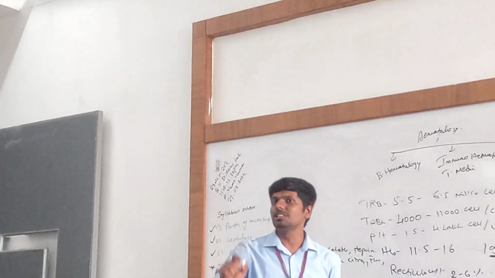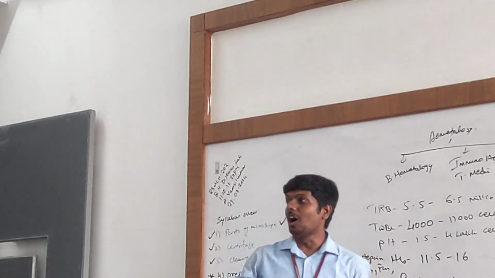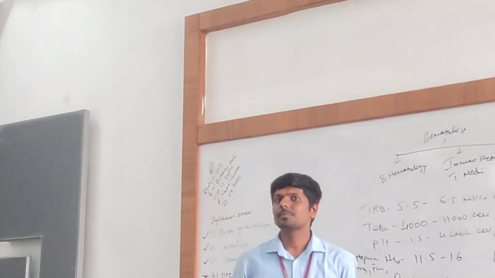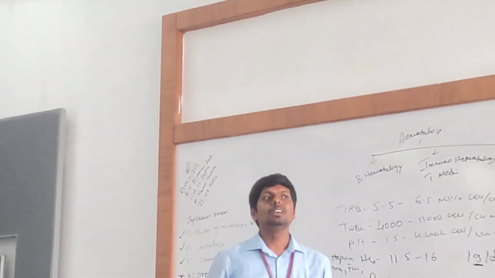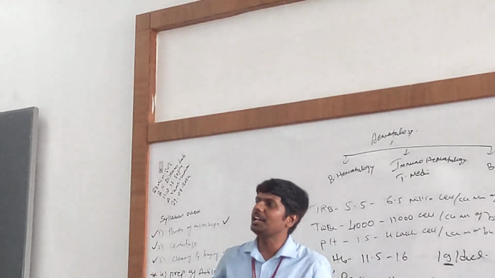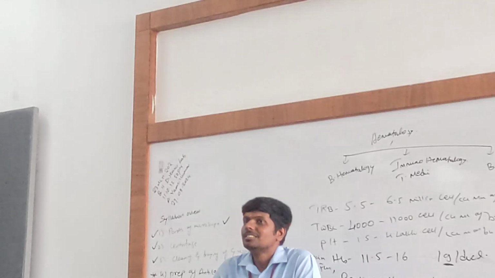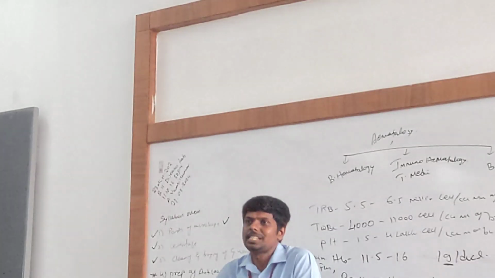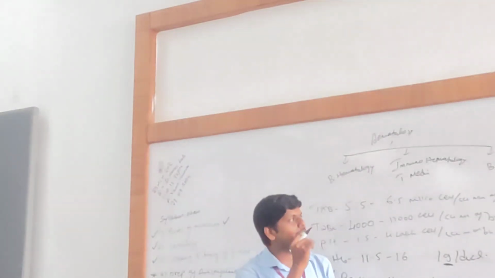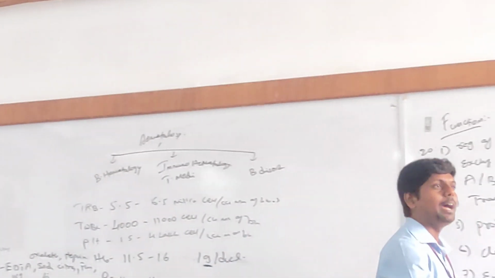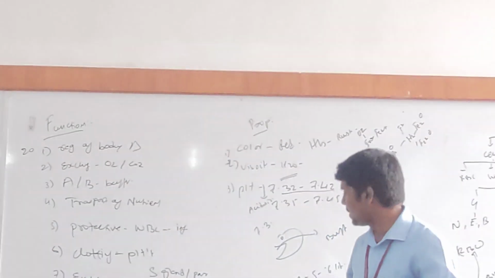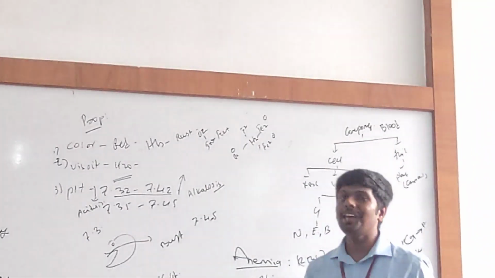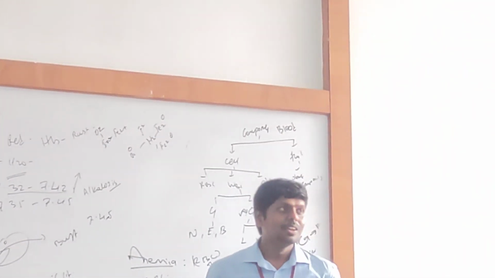What are the smallest blood cells? Any idea? Okay, I think I need to tell you this one also. Imagine, last time I discussed with you, this dot will have how many red blood cells? 5.